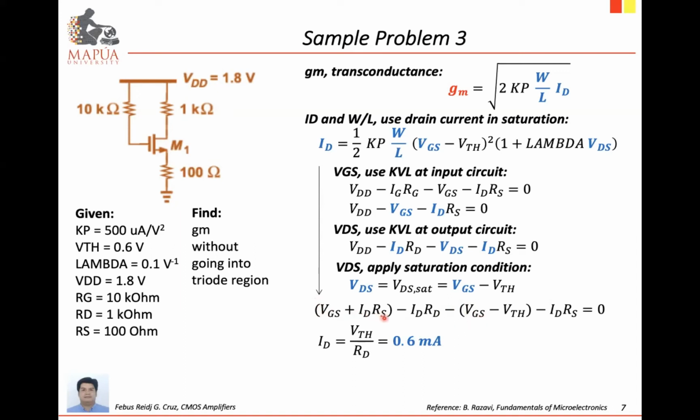Then you have plus IDRS minus IDRS, cancelled. So the equation will become minus IDRD plus VTH equal to 0. So we can compute the drain current equal to VTH divided by the drain resistor. VTH is given, RD is given, so we can calculate the drain current.